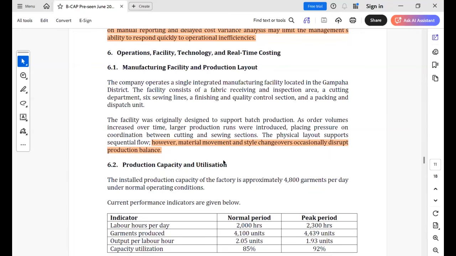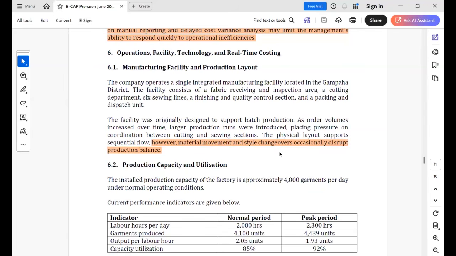Therefore, it is very important to run the selected style as much as possible. That can be done with the support of proper planning software. If you don't have proper planning software, you can't plan the production. Otherwise, different styles are coming here and there, and you put style A now, style B another hour later, and the entire thing will be messed up, right?